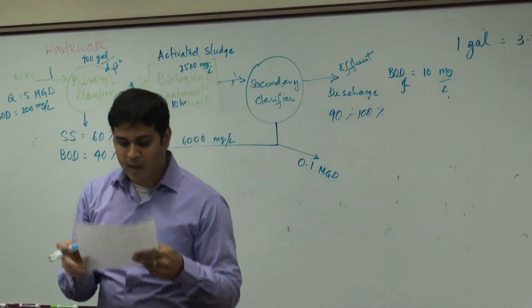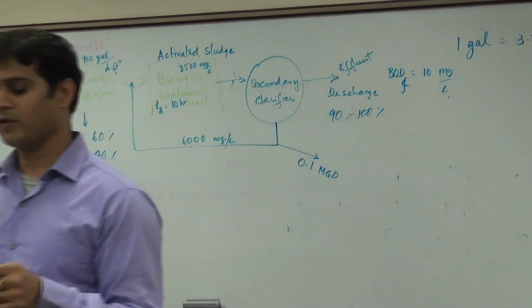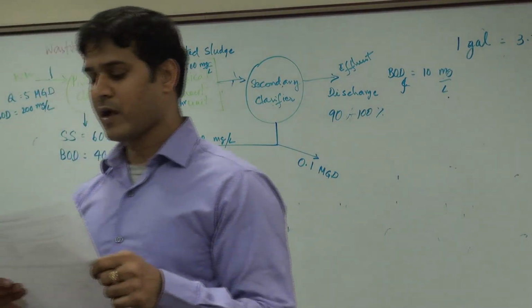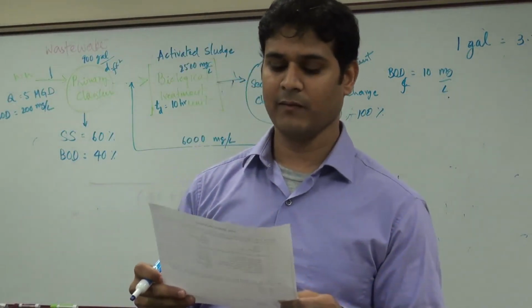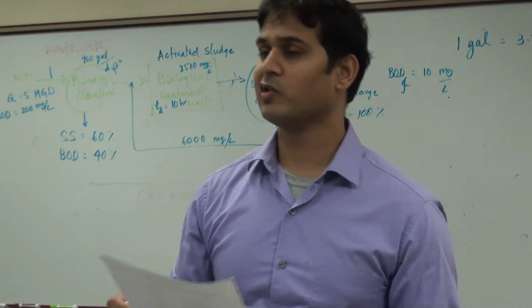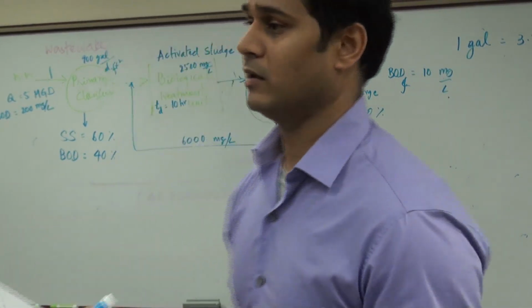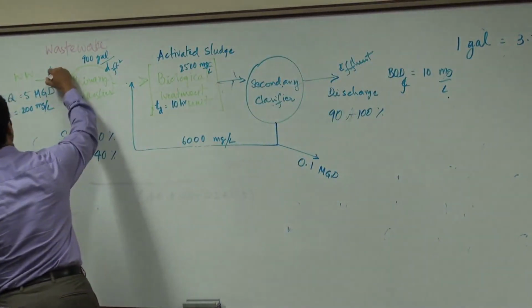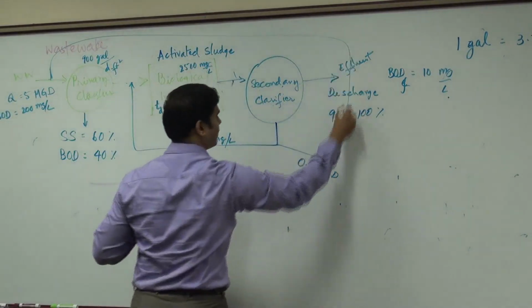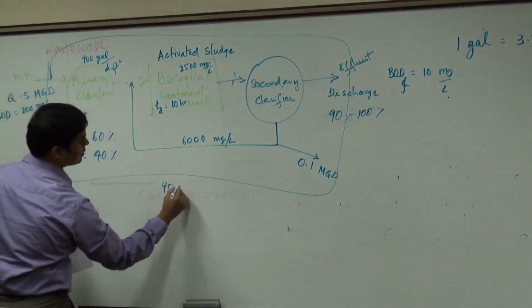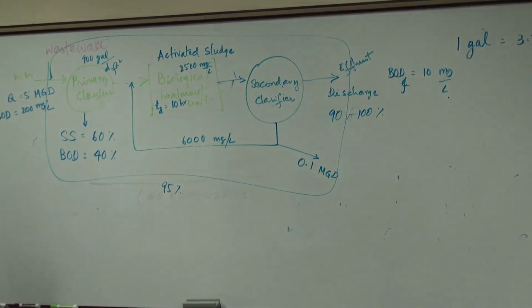If the plant BOD5 removal efficiency is 95% and the primary clarifier removes 35% of the influent BOD, the amount of BOD removed in the biological reaction is most nearly. So the question is, the whole plant has an efficiency of 95% removal of BOD, right?